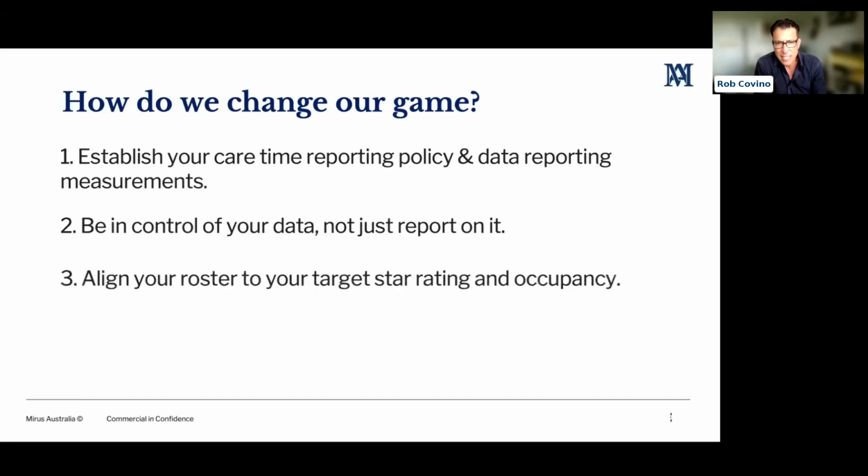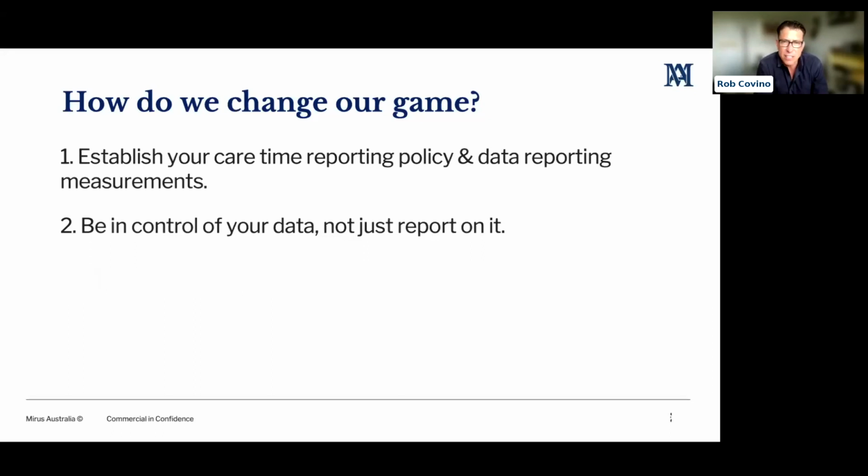That leads to the second and third points, which are about not only reporting on the data, but being in control of the data. I'll go through an example of what we mean, because with AN-ACC there are a lot of off-claim Medicare insights. There are insights on consumers that may now be a class 7 but are being funded as a class 6.